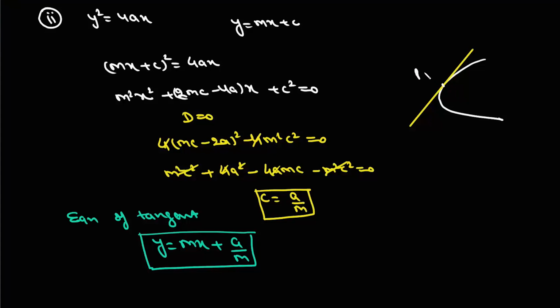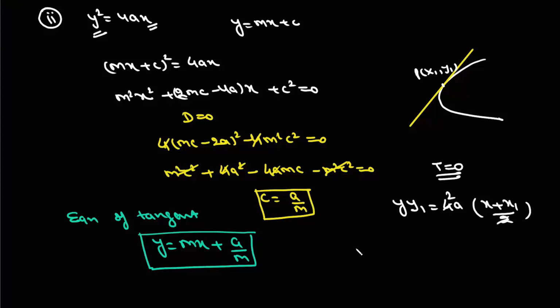Now suppose this point P is x1 y1, and we know that the equation of tangent is given by T equals 0. Now for T equals 0, we'll replace y square with y into y1. So it will be this y into y1, and 4a, this x is x plus x1 by 2. Now this 2 and 2 will cancel.